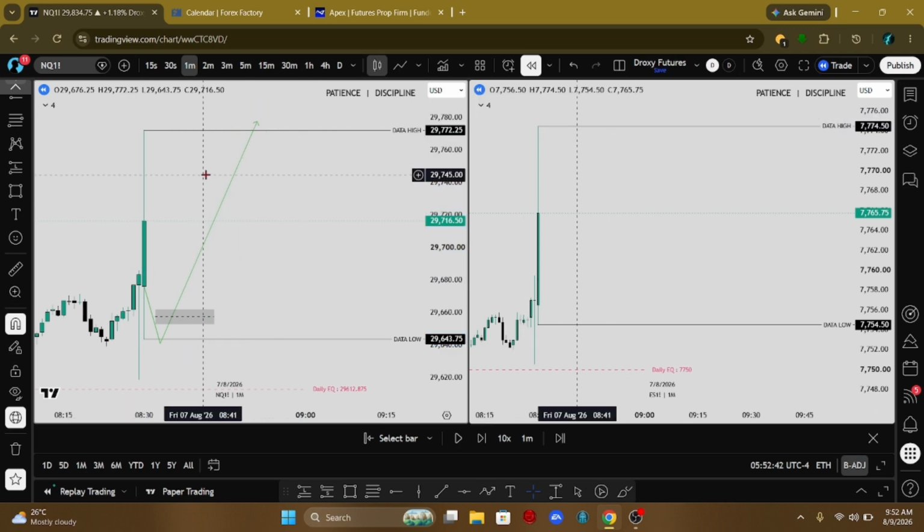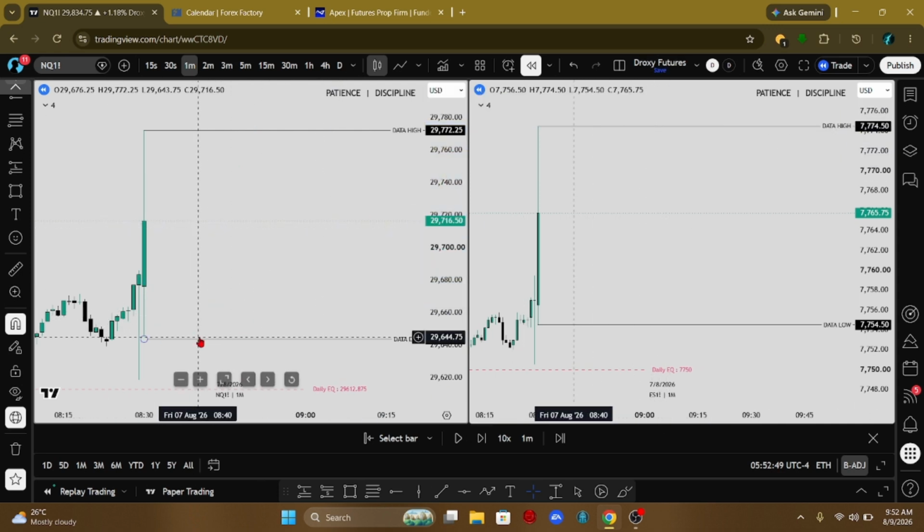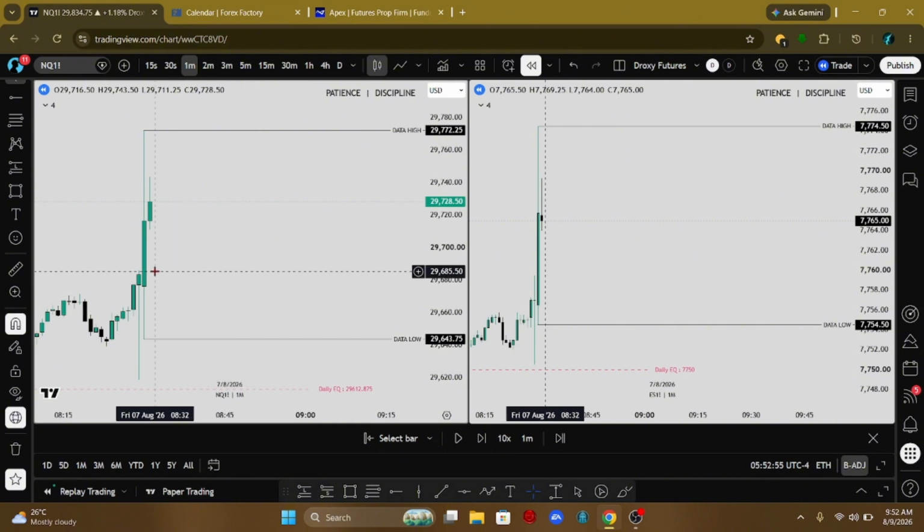But on Friday, which is on this day here, price never swept the data low first. One thing you should also consider that makes the high of a data candle very good is that it forms a swing high. Look at the low here.